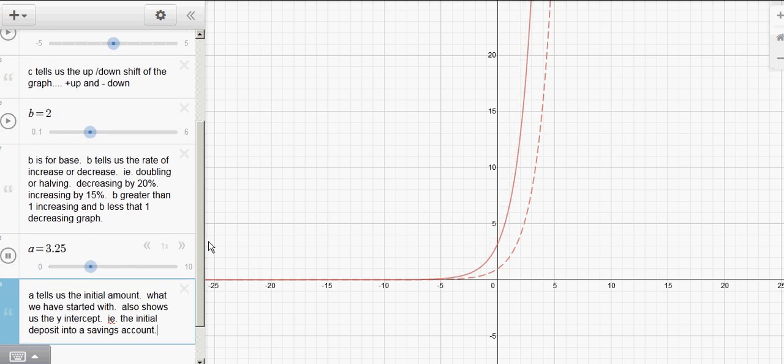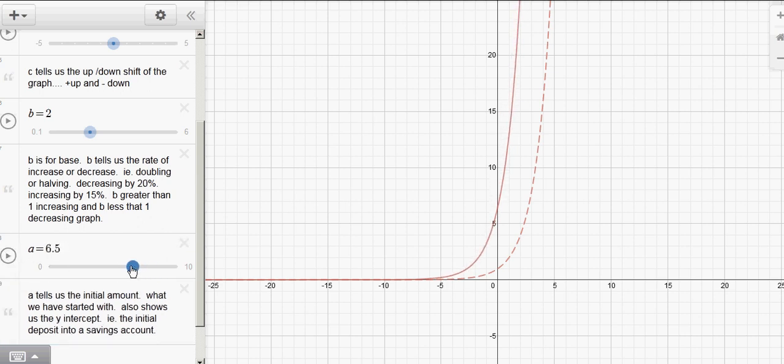So the bigger the value of A, the more money you're starting with, but your rate is still the same. In this case, if I start with an A of 5, this is a good example again. So remember, the dotted line is an A equal to 1, that's just 2 to the power of x.